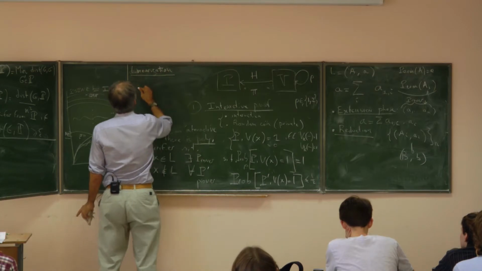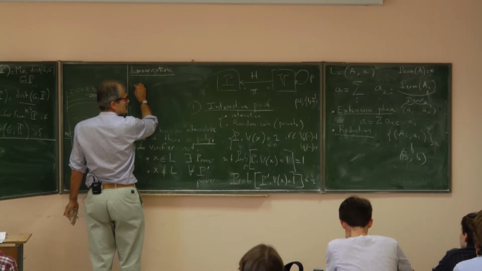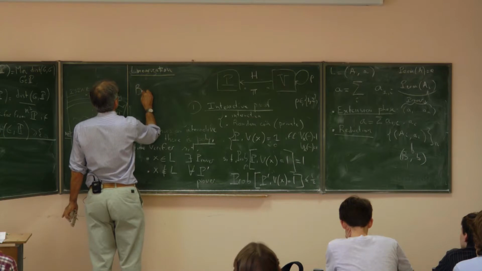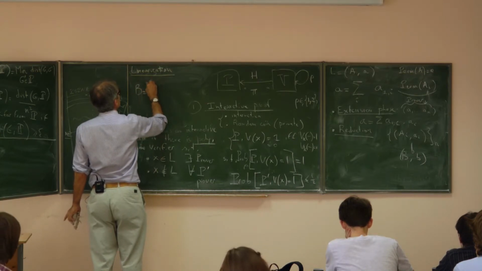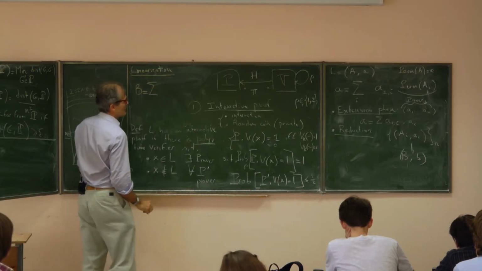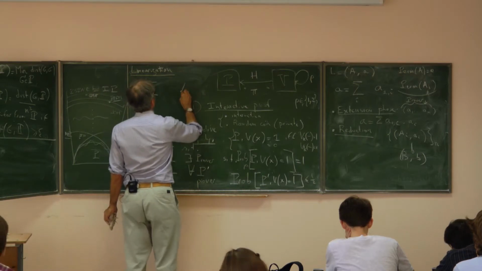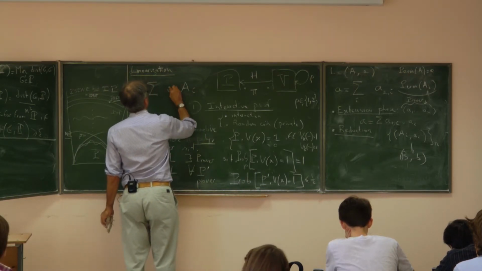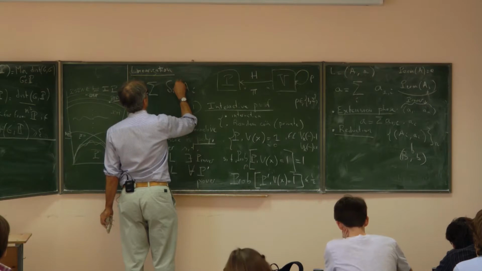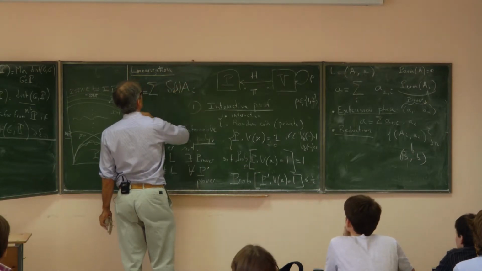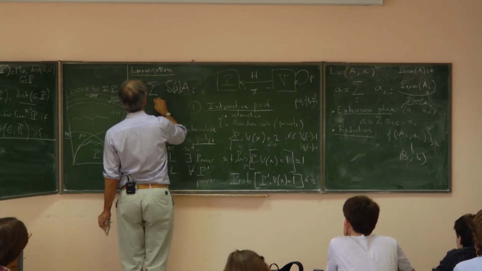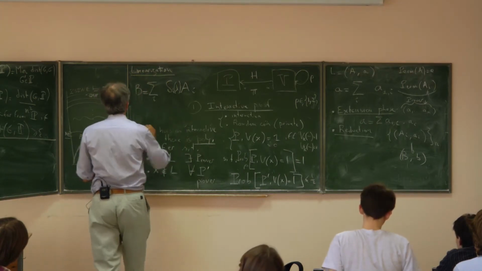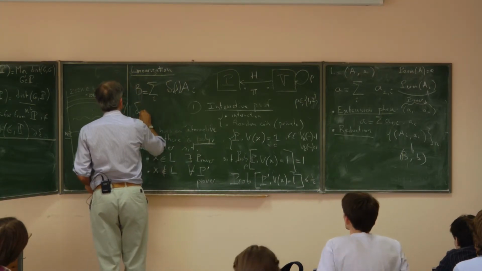So B will be the sum of the A_i times delta_i of lambda. And now what is delta_i?